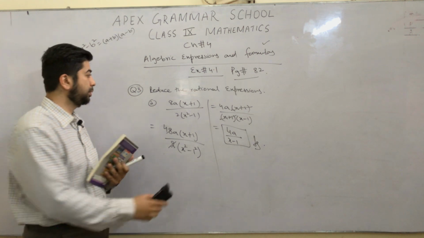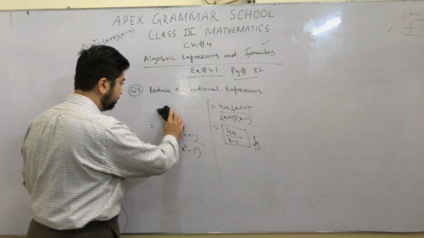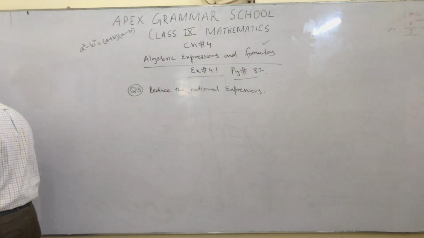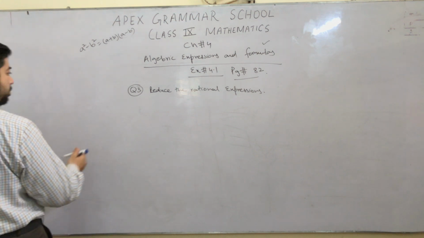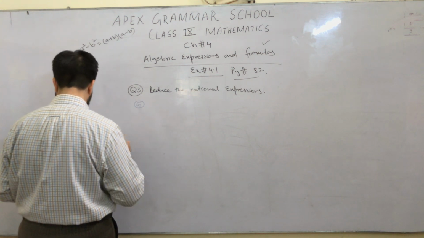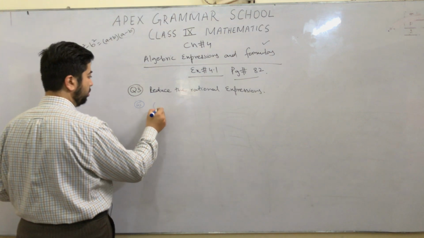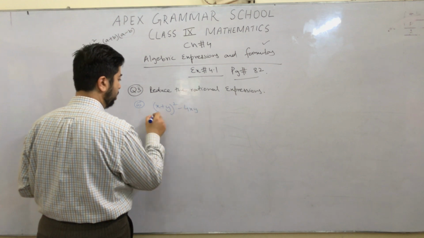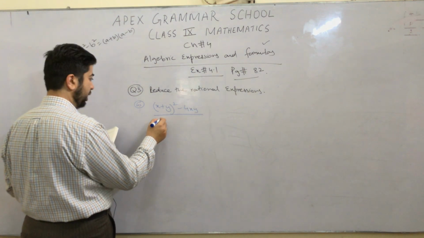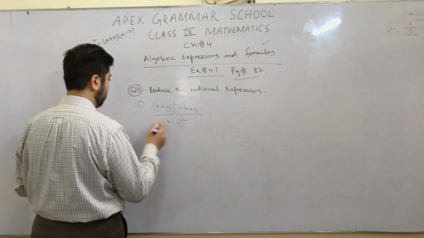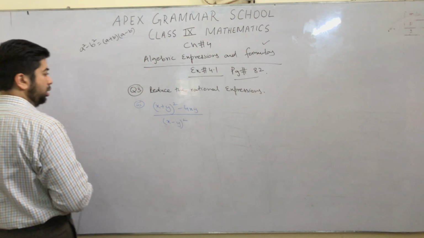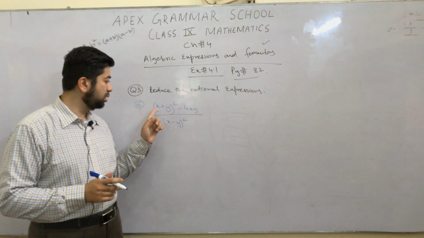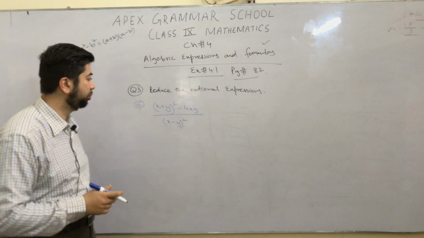And after that, part 3, x plus y whole square minus 4xy, and in denominator x minus y whole square. You can see that both formulas are going to open, this one and this one.